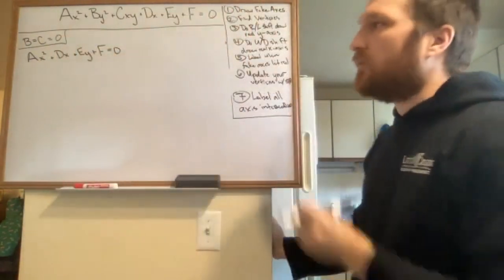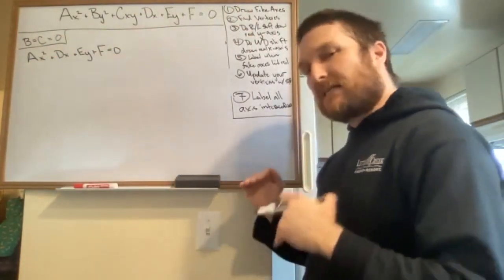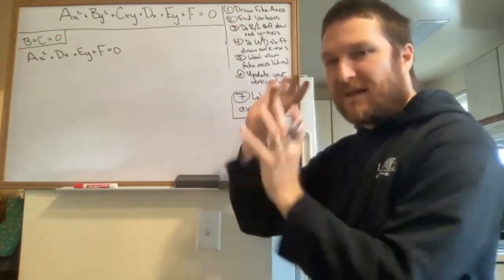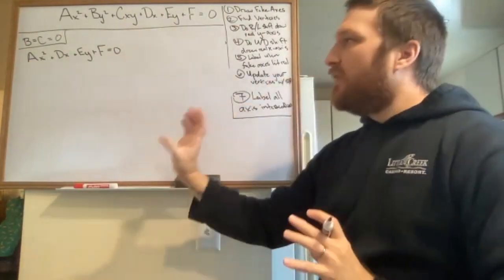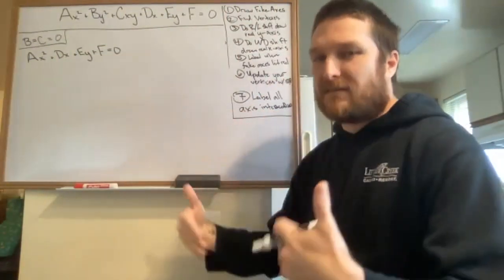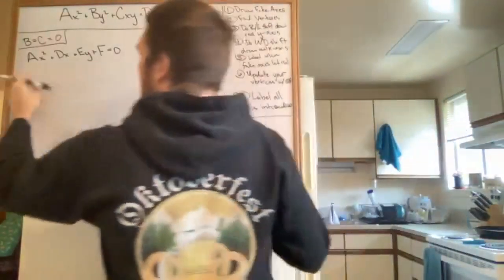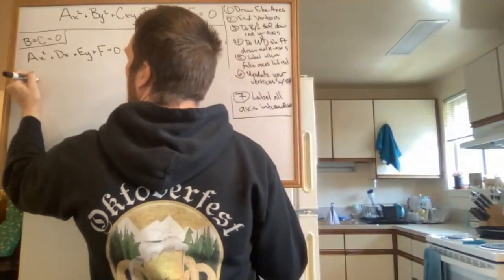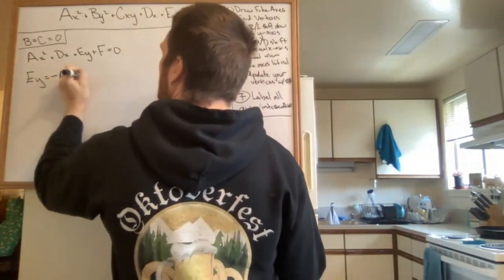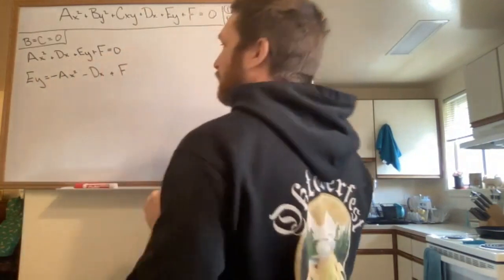And then the way that we've learned how to deal with this is basically the exact same thing. We say get the y by itself. If you could isolate that y, then we have a ton of tools at our disposal to go about dealing with that. So symbolically, let's get the y by itself. Let's keep him on that side and get everybody else over on the other side: minus ax squared minus dx plus f.